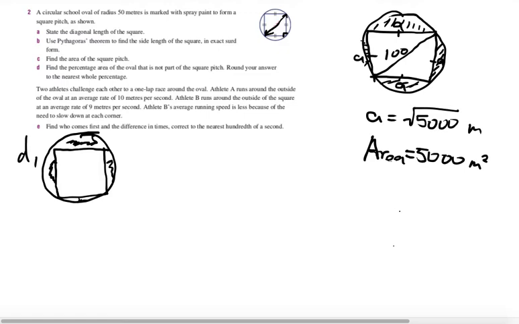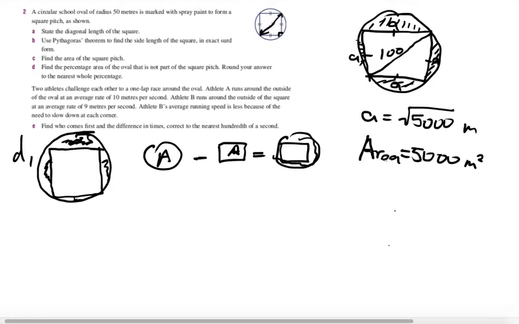So what we can do is have the oval area minus the square area will equal the shaded bits around here. If we just want to get these shaded bits, it's going to be the total area of the oval minus the area of the square in the center.